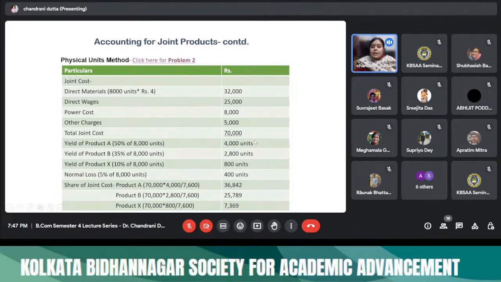Why? Because there is a normal loss. When I calculate cost per physical unit, in the denominator I will be subtracting the normal loss, because I am trying to calculate the cost per unit in respect of the standard output, the expected output.